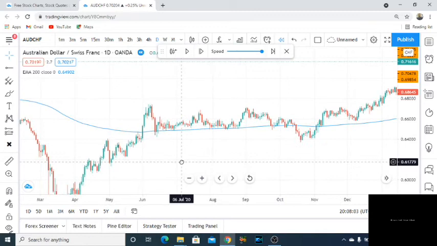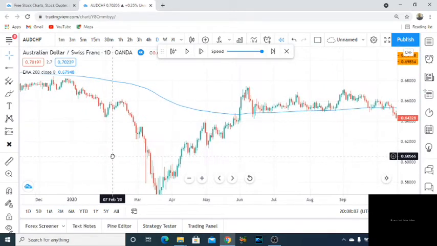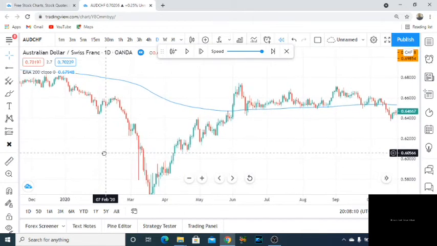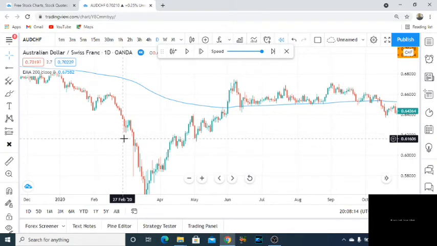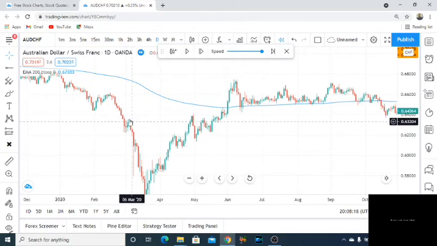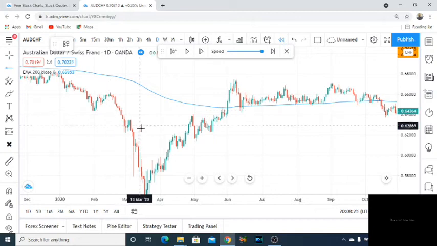Basically on the bearish market, you can see how the market has moved to the downside. You can see this huge, very huge move. Here we got a tail. Let me make an example so you can see.